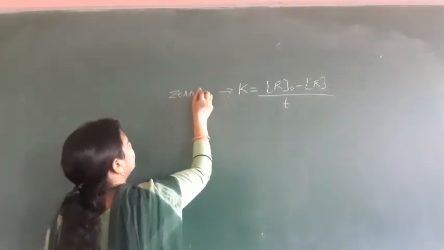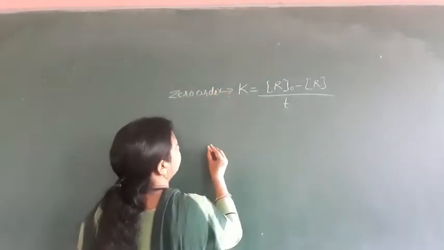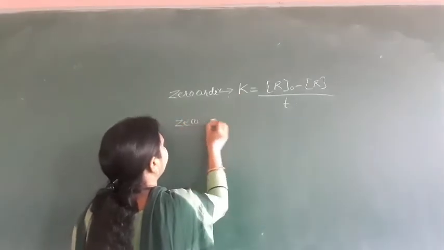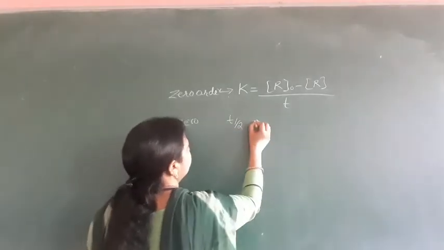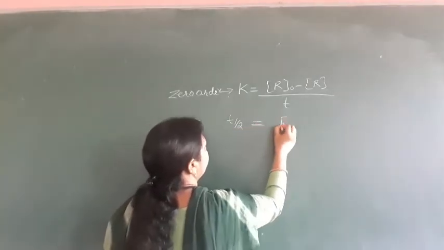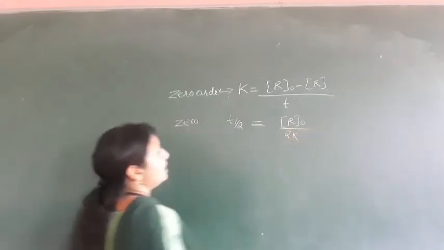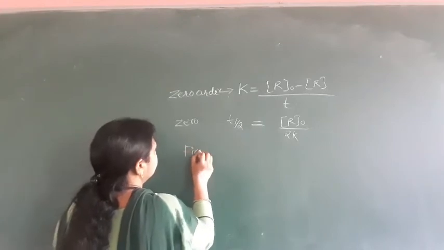And for the zero order half life, what we have here? Half life for zero order reaction is R naught by 2K.